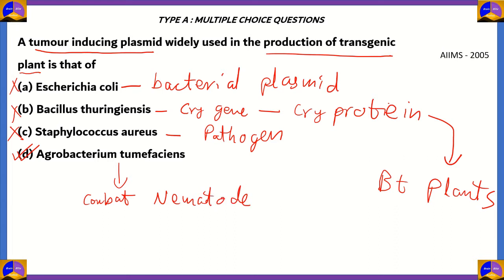So using RNA interference, we use the RNA from Agrobacterium tumefaciens in order to combat nematodes and suspend their RNA. So their RNA does not get expressed because it becomes double-stranded at the particular codes. So therefore option D is the correct option. Option D, Agrobacterium tumefaciens, is a tumor-inducing plasmid widely used in the production of transgenic plants such as transgenic tobacco.